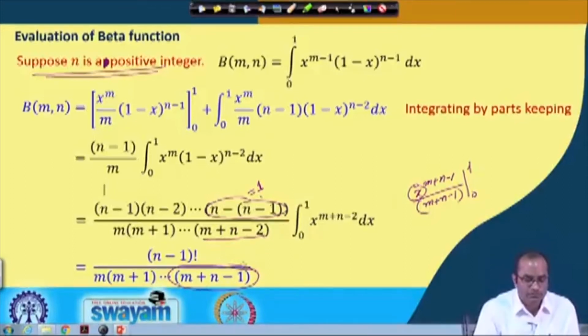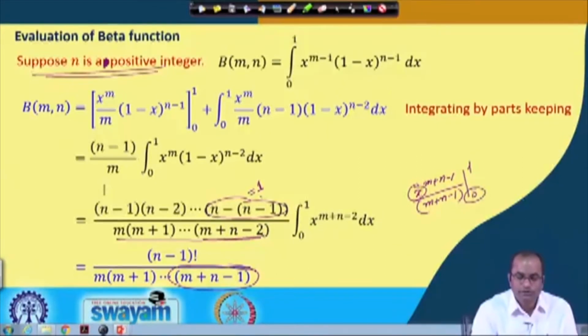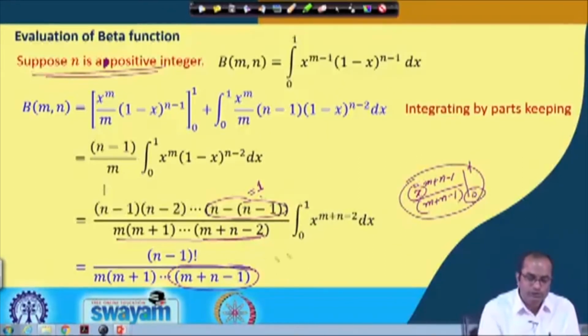That is the next term when we add 1 there. So, we have the continuity here, we have m plus 1 up to m plus n minus 2, and then the last term m plus n minus 1, and when we put 0 there, this will be 0. So, this is the outcome of this integral.